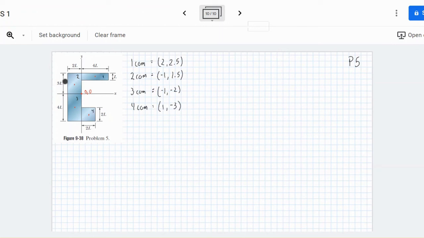Well, it says these are uniform plates, so we're going to assume uniform thickness. So the area is proportional to the mass. So if I look at the area for 1, area for 1 is 1 times 4. Okay, the area for 2 is equal to 2 by 3.